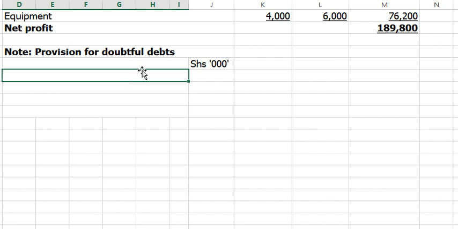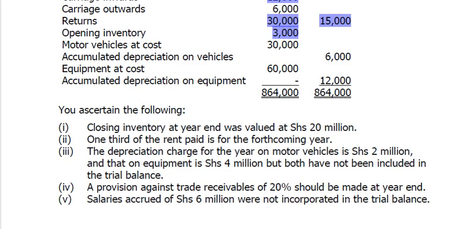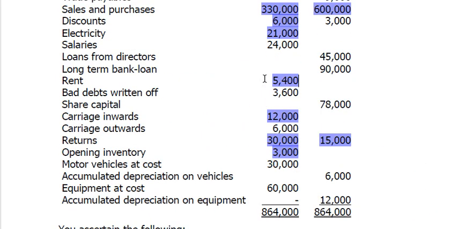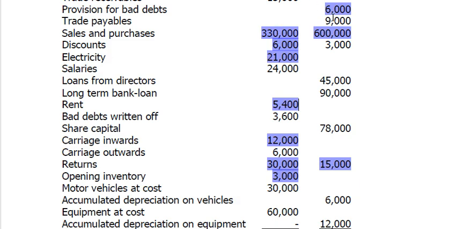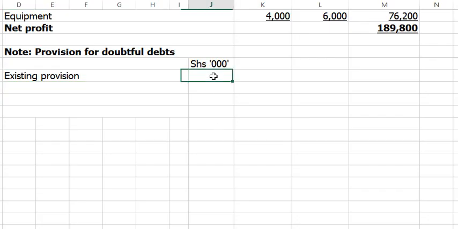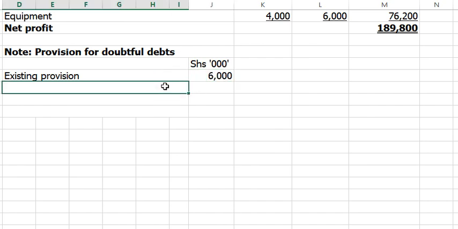So for the provision, of course, we have an existing provision. The existing provision is given as 6,000, or 6 million, in the trial balance. But then there is a provision required at the year end.